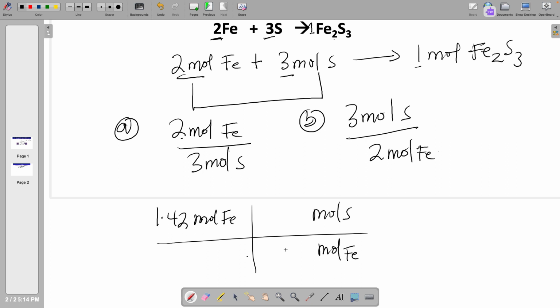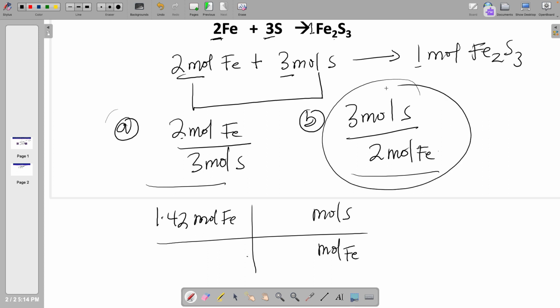Now we need to put numbers in front of our moles of sulfur and moles of iron. That is our mole-mole ratio from the chemical equation. So we look at the 2 ratios that we wrote, ratio A and ratio B. Which one has moles of sulfur on top? Because in our table, we want moles of sulfur. So that is this ratio. We'll put a 3 here and a 2 there. Then we'll close our table. You see, the moles of iron cancel out the moles of iron.